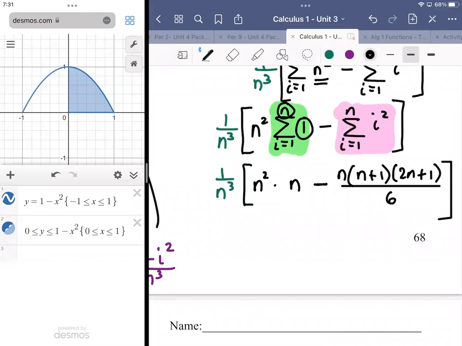It just doesn't seem like it would. So 1 over n cubed times n cubed minus, again, this one we distributed out before, that's 2n squared plus 3n plus 1 all over 6.